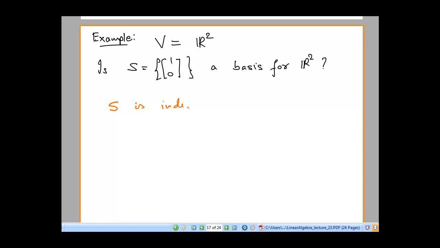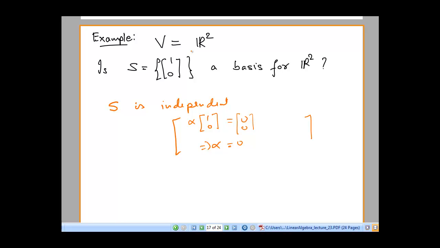Why is that? Because if we say alpha times (1, 0) is equal to (0, 0), then alpha times 1 is equal to 0, that implies alpha is equal to 0. So this S is independent, right?